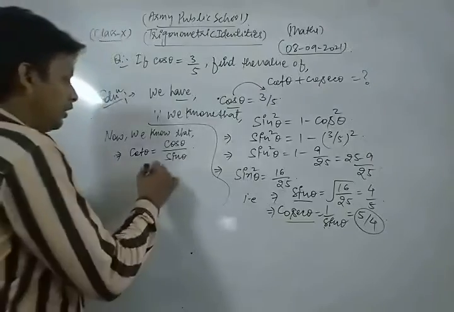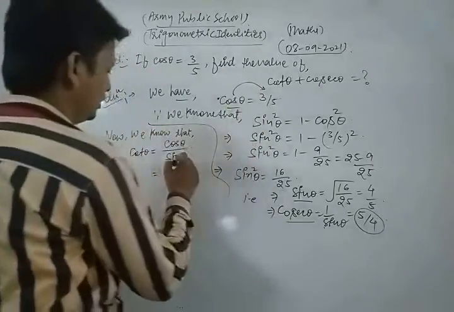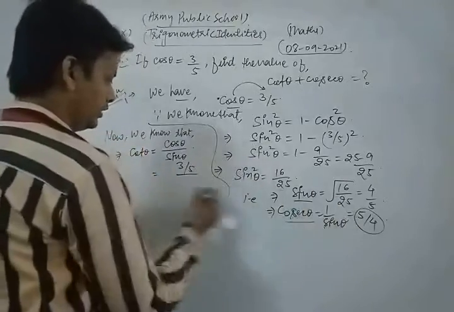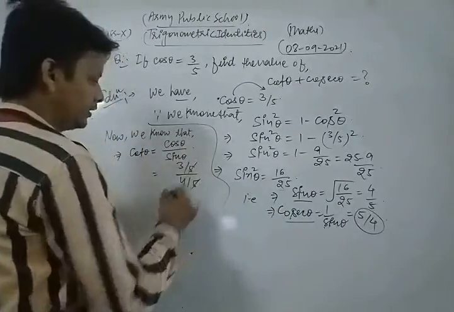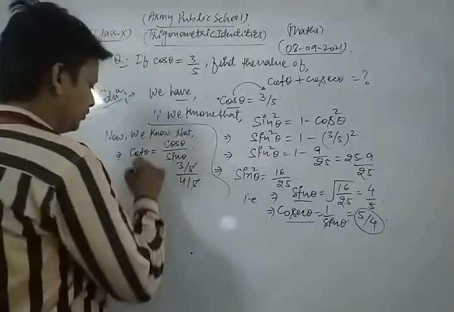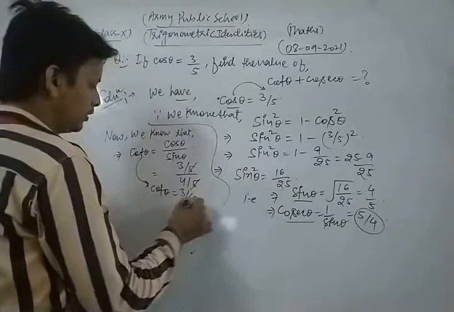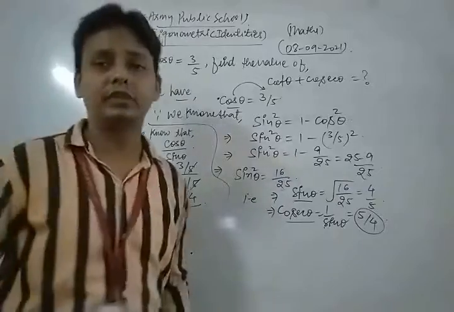So from there we put the value of cos theta as 3 upon 5, and the value of sin theta as 4 upon 5. So the 5s cancel each other, and the value of cot theta is 3 upon 4.